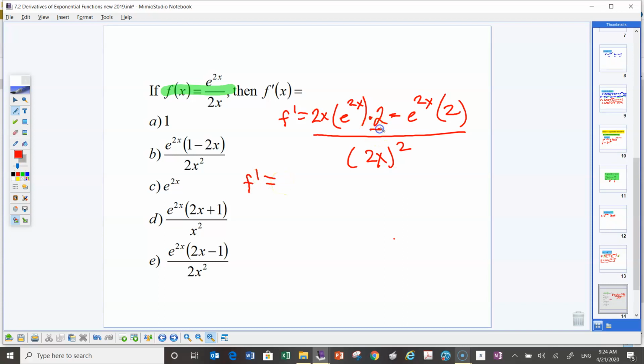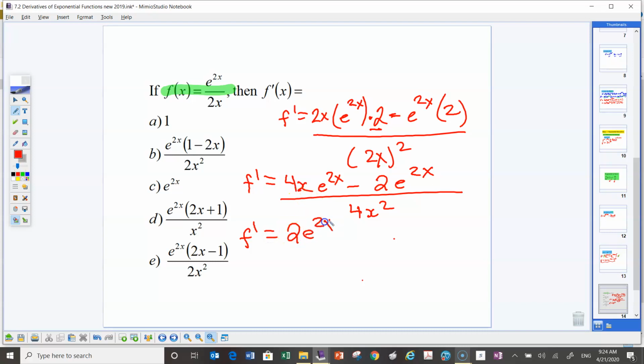So right now I can multiply this 2 and the 2x to get 4x, and I still have an e raised to the 2x minus, I'll put this 2 in front of this e to the 2x, and if I square the bottom, 2x times 2x is going to give me 4x squared. Now I could factor out a 2e to the 2x out of the numerator, and if I take out a 2e to the 2x out of the numerator, my first term will be left as 2x minus 1 all over 4x squared.